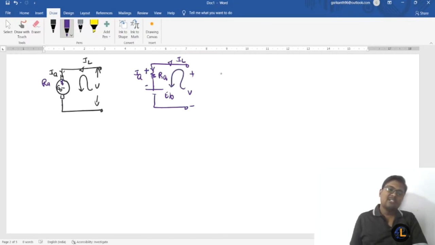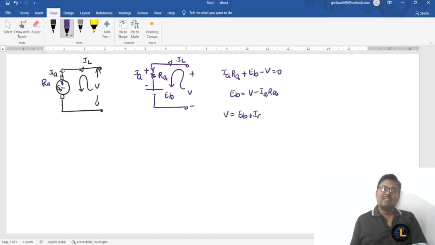If you apply KVL to this loop, IA into RA plus EB minus V is equal to 0. Then I get this equation: EB equals V minus IA RA, or V equals EB plus IA RA.